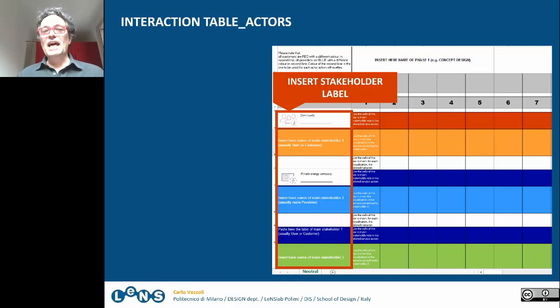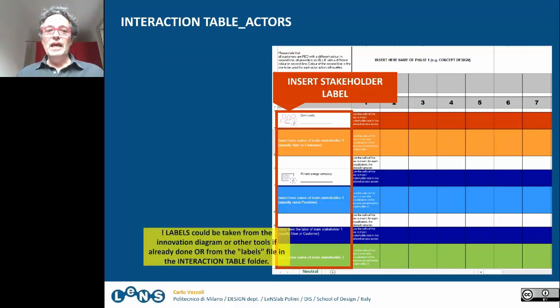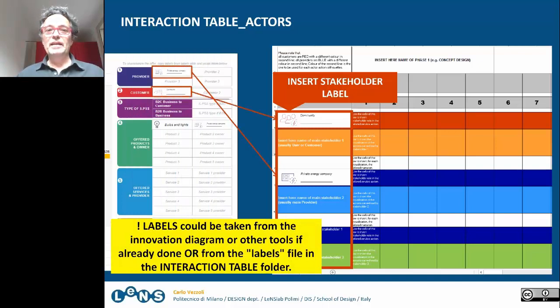So the first action is to insert the stakeholder label, and the label could be taken from another file that has all the typology of stakeholders, and you may fill in by typing the text, adding something, or even modifying something, or you can even take those labels because in some cases you have already identified those actors in the innovation diagram.